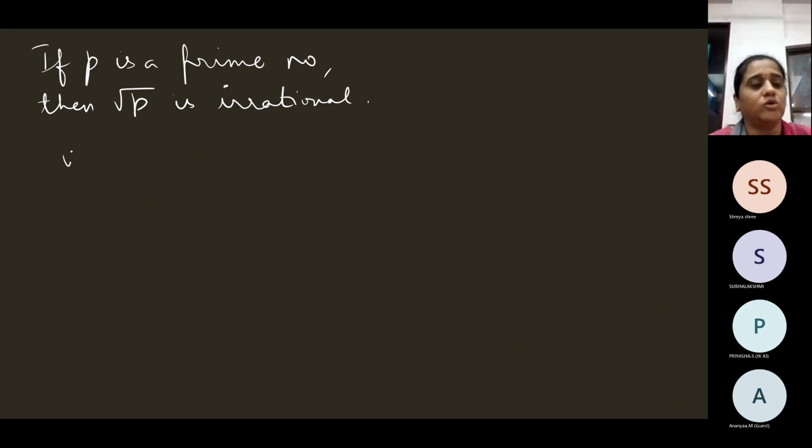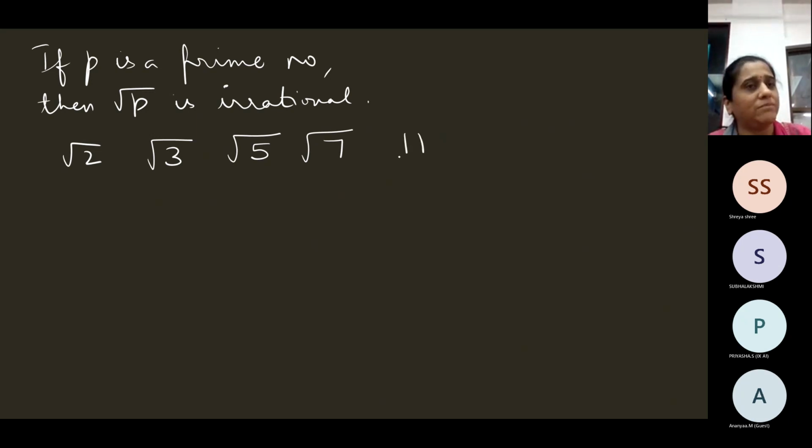That means like root 2. 2 is a prime number, so root 2 is irrational. 3 is a prime number, so root 3 is irrational. 5 is a prime number, so root 5 is irrational. 7 is a prime number, root 7 is irrational. 11 is a prime number, root 11 is irrational, and so on. If p is a prime number, then the square root of p is irrational.